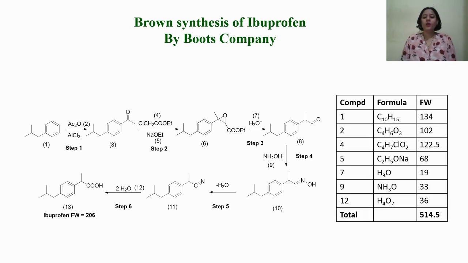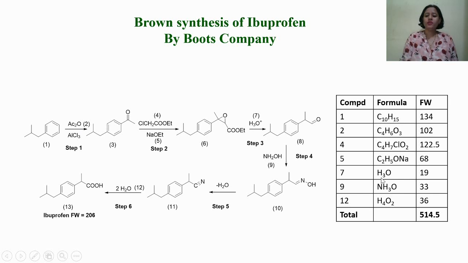Now let us calculate the atom economy of this particular reaction. In this reaction, our desired product is ibuprofen, compound number 13, whose molecular formula weight is 206. Now out of all these 13 reagents, the reagents which we will consider for atom economy are reagent 1, reagent 2, reagent 4, reagent 5, reagent 7, reagent 9, and reagent 12.